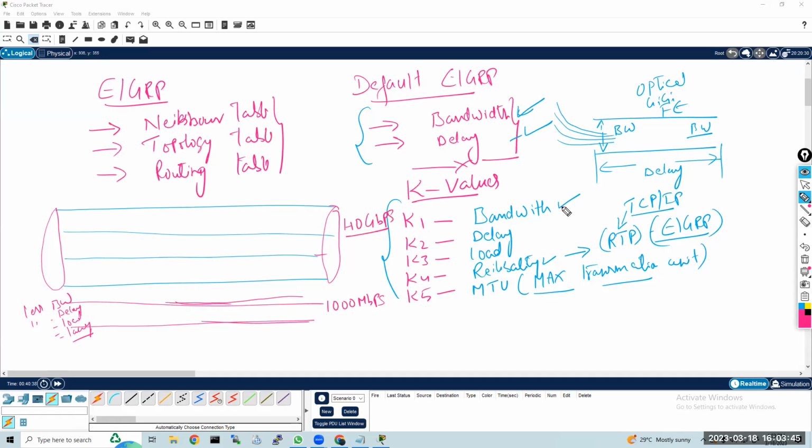Bandwidth is high and delay takes less time, because the lesser the delay, the traffic will move very fast because of the big pipe. And load we can transfer as much as we can.